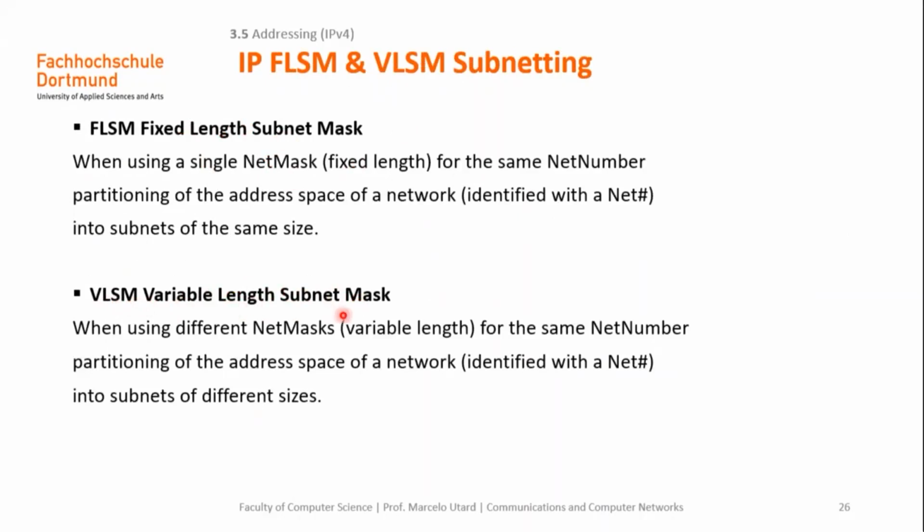Because we obtain the most optimal use of the address space with the variable length subnet mask. But what is important to understand is the difference between the fixed length subnet mask and the variable length subnet mask. The difference is not that in this case we don't perform any kind of subnetting.